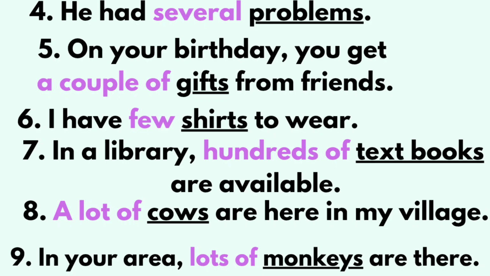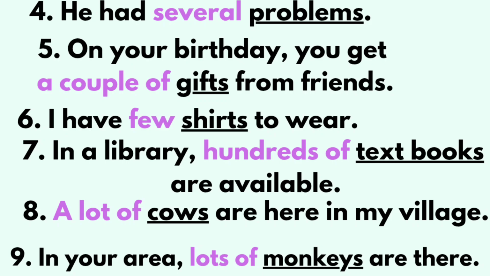Here textbooks means plural countable and hundreds of is a quantifier used before countable nouns. You cannot say hundreds of textbook. No, you have to use a plural countable noun. I hope this is clear. You can say thousands of textbooks and 10 lakhs of textbooks, right?